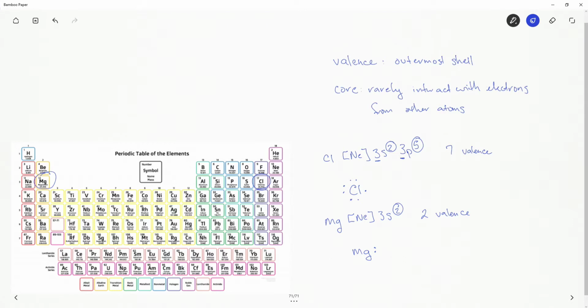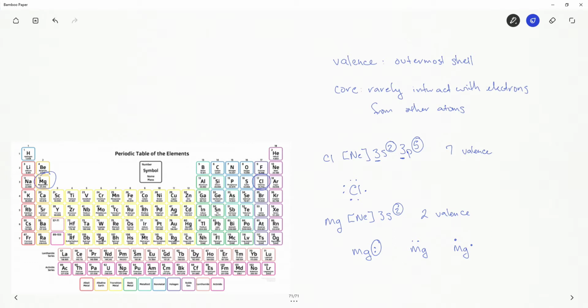Now, one thing I want to point out here is you will often see the valence electrons written on the left, but they don't have to be. I could also do the Lewis structure like this, or I could even draw the Lewis structure with 1, 2, like so. It doesn't matter as long as you have 2 dots representing the 2 valence electrons in magnesium.